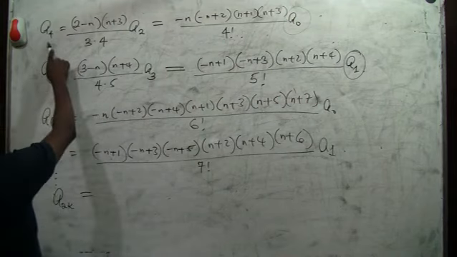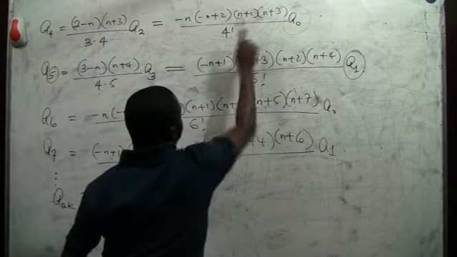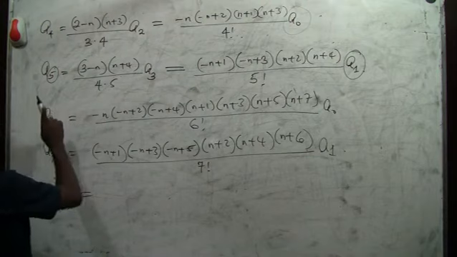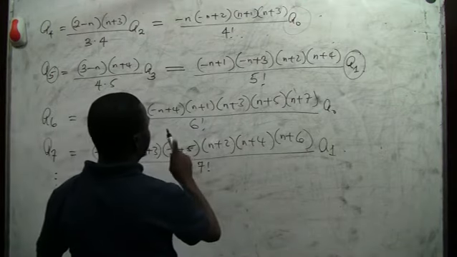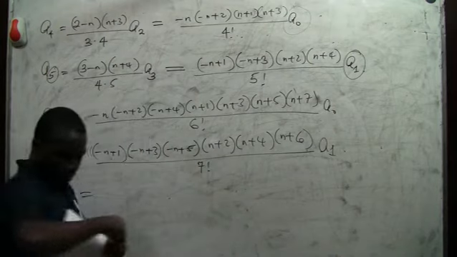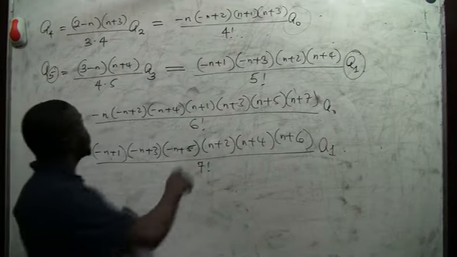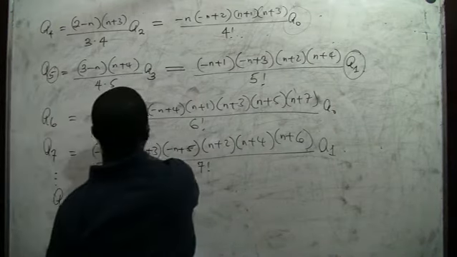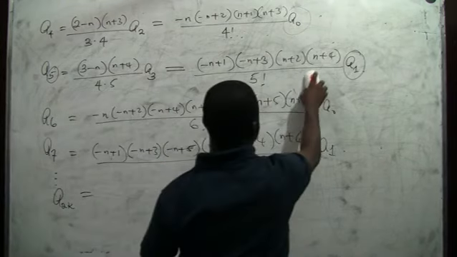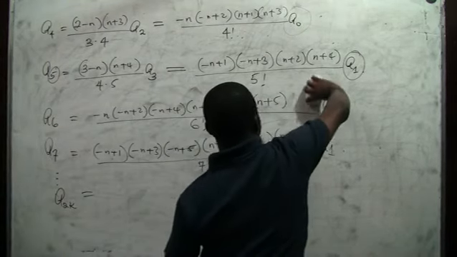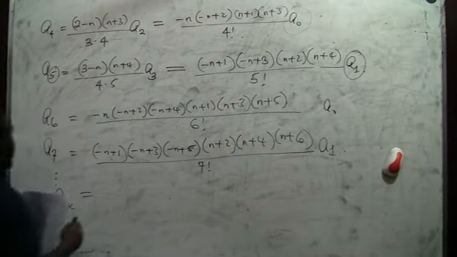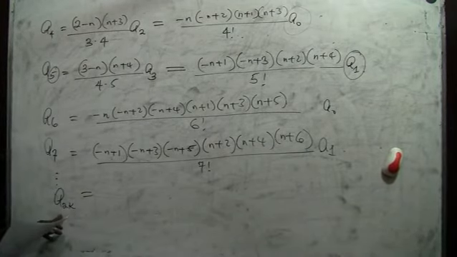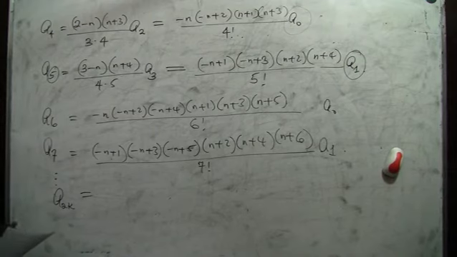When this becomes 4, we have 4 terms at numerator. When it was 6, we have 6 terms at numerator. There must be 6 terms: 1, 2, 3, 4, 5, 6. Now that we have it as 2k, there must be 2k terms at numerator.